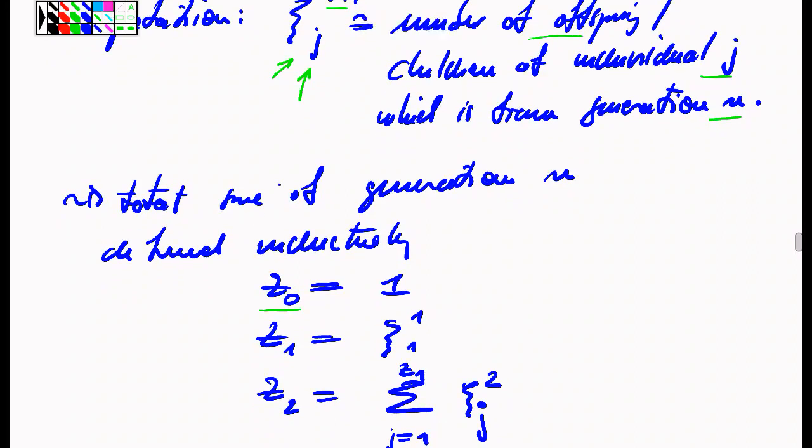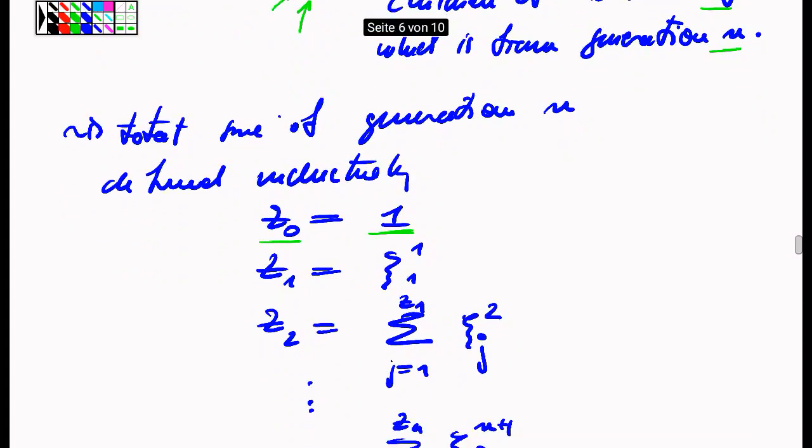So we want to think of the whole family tree, starting with an individual 0, or with the patient 0, if you like, which is one individual. This one individual is, if you like, generation 0.